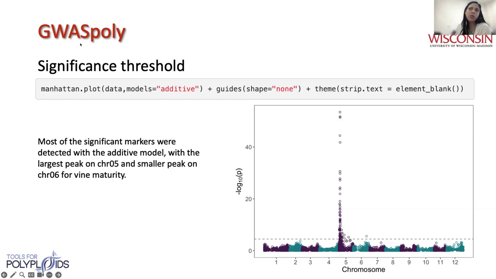This one is maturity, so it is a quantitative trait, but I have used the same methods for presence or absence of color on the skin, and it works pretty well as well. The way you denote the trait is different. If I'm not wrong, it's either Y or N. And if you look at the link for GWASpoly, it will tell you how to code a binary trait.